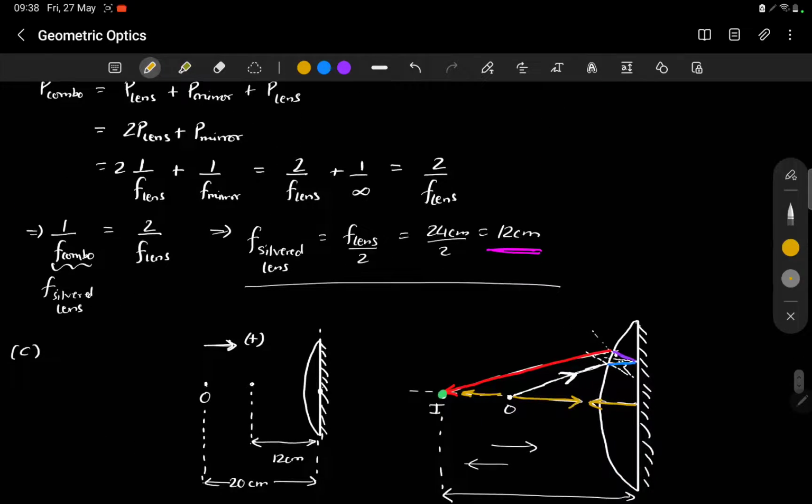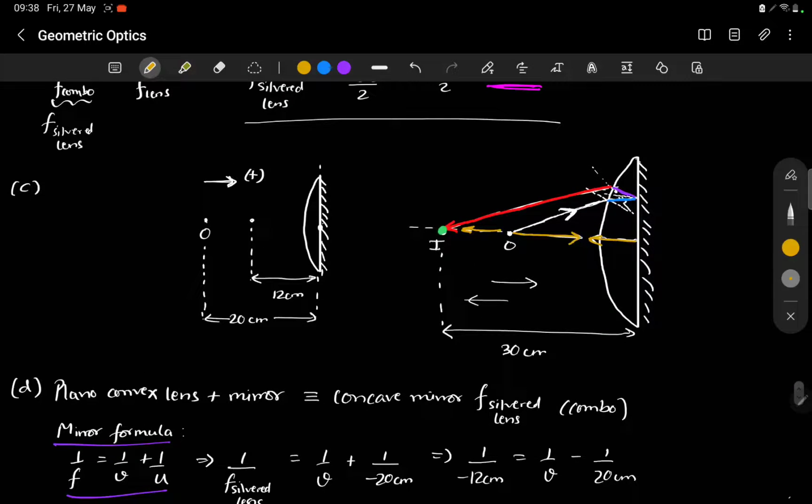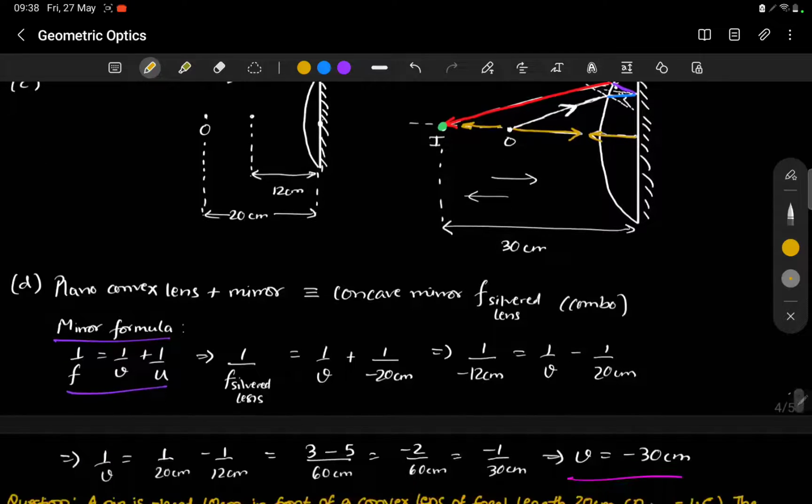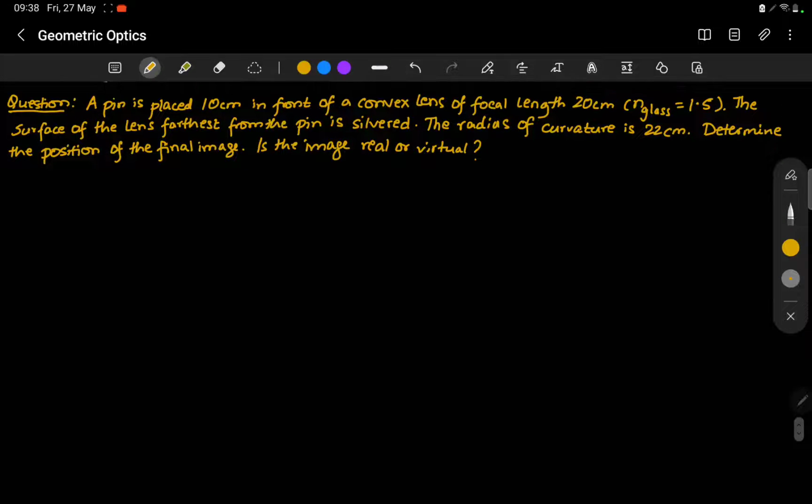So we will use the same principle over here. And finally we saw that this silvered lens combination is somewhat equivalent to a concave mirror, because a concave mirror also reflects things back and then focuses in front of it. So we will use similar concept over here.